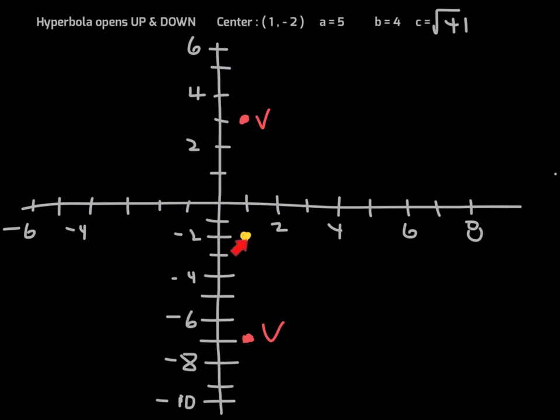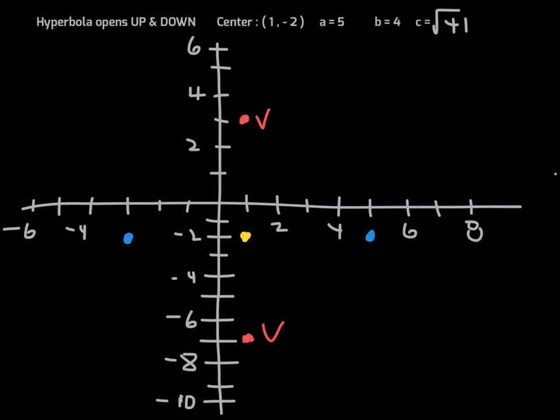When I move 4 units this way, I end up at (5, -2), about right there. And when I go 4 units to the left, I end up at (-3, -2), about right there.